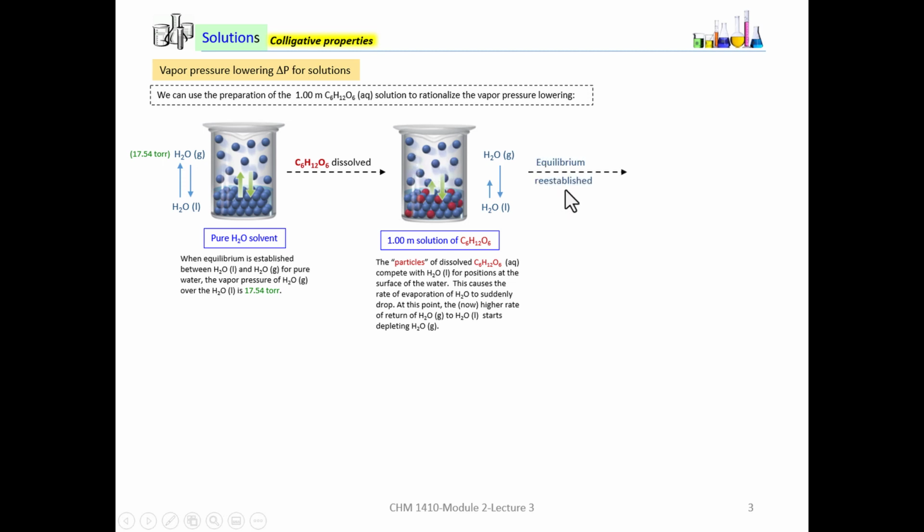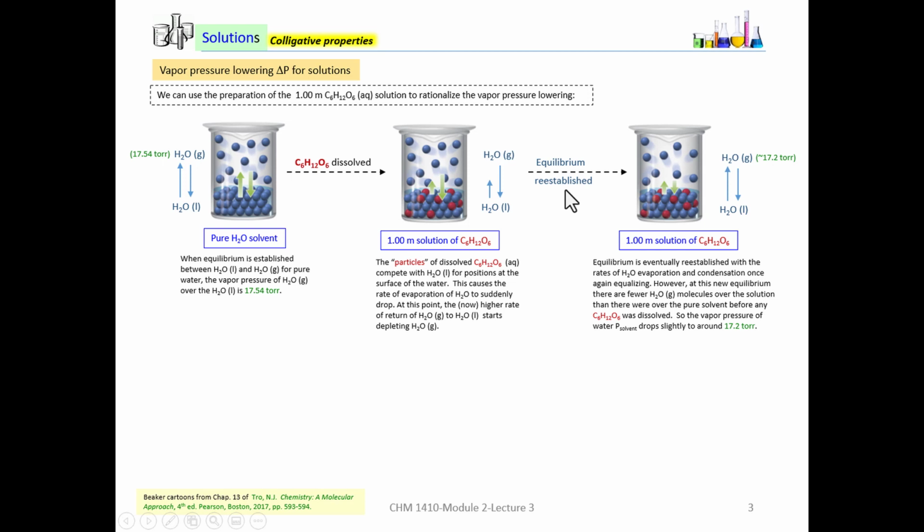And when equilibrium is reestablished, which it will be, there are fewer water vapor molecules above the solution. So we've got equilibrium reestablished, but when it does, the vapor pressure of the water vapor over the solution is now lower than it was over the pure solvent.